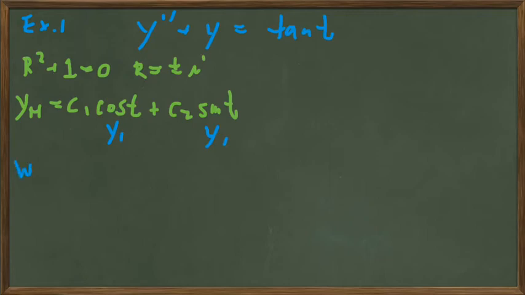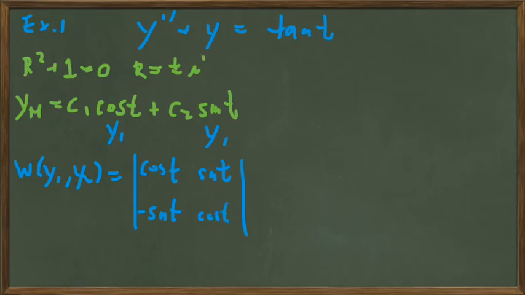It also allows us to calculate the Wronskian of y1 and y2, which we set up as this determinant. Cosine goes here, sine goes here, the derivative of cosine is minus sine t, derivative of sine is cosine t, and remember we take the product on this diagonal minus the product on this diagonal, and so when we do that calculation we get cosine squared t plus sine squared t, and so the Wronskian in this case is very simple, it's just a constant 1.